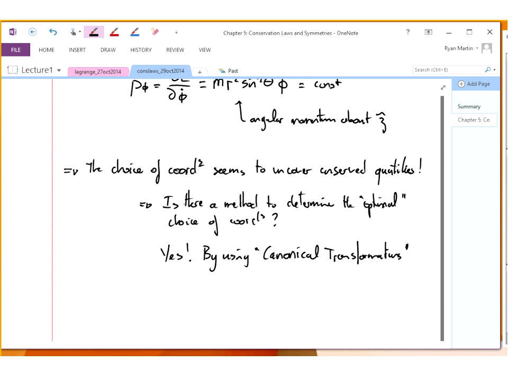Yeah, Jason, you have a question? Does this work for any system? Well, yes. In principle, it works for any system. I think you have to have the caveat that the system must be conservative. With friction forces and things like that, I'm not sure you can always do a canonical transformation.